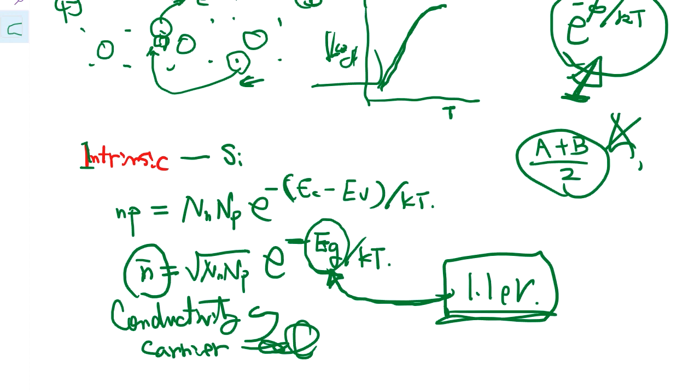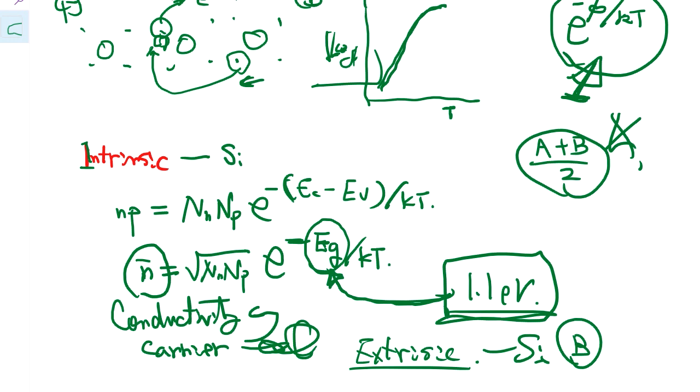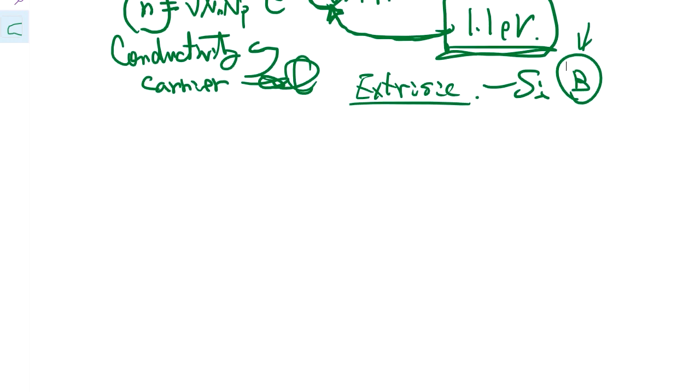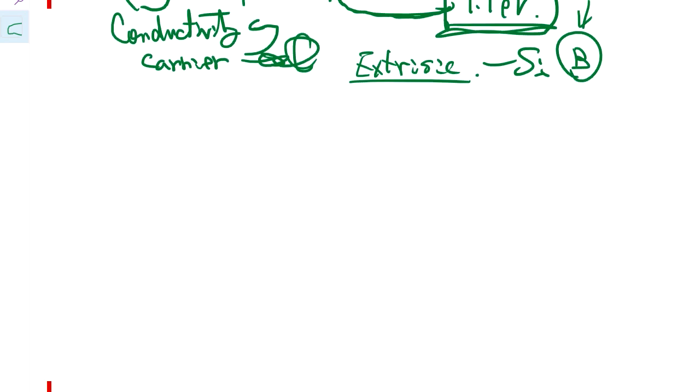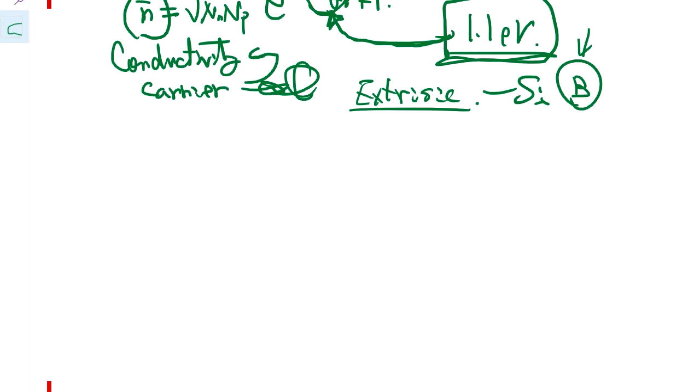They are called extrinsic silicon, because silicon has some impurity like boron and others. So what happens if you put, say, boron?